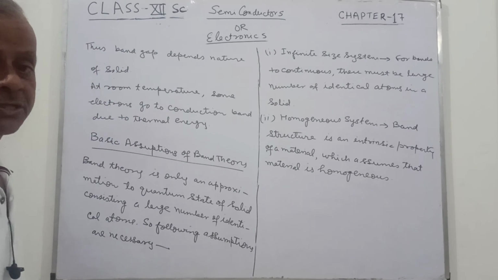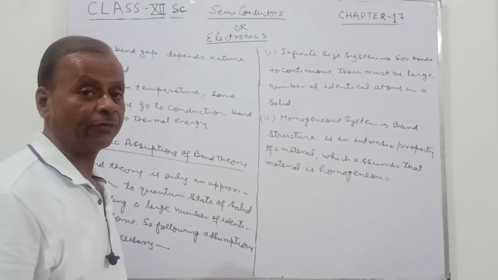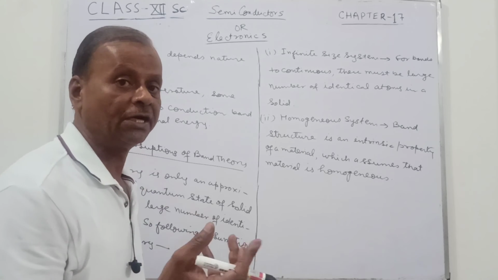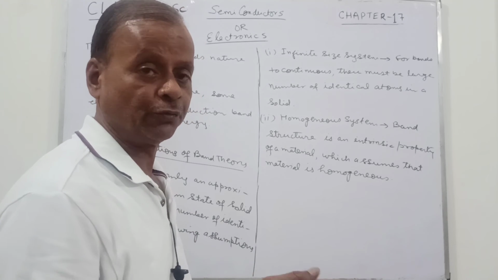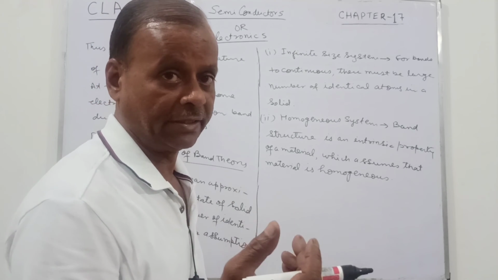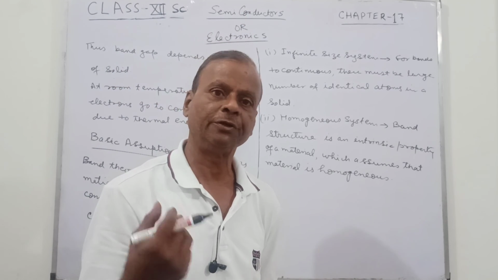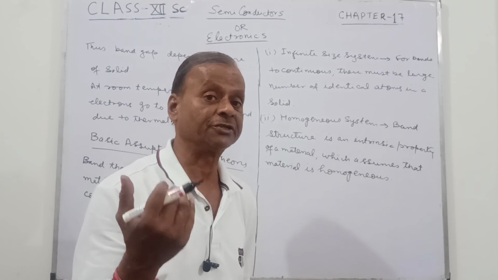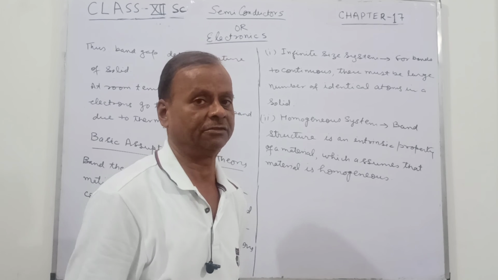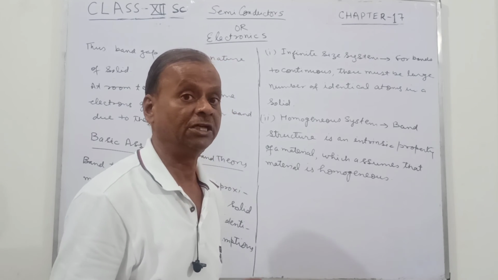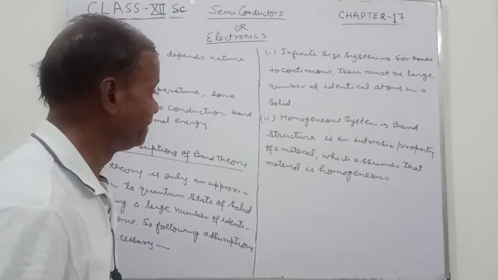It means that there is no other type of atoms, there is only a single type of atom. Suppose we take for example iron, then there must be iron atoms. If we take aluminum, then there must be aluminum atoms. No other atom must be there except one kind. So this is the homogeneous system.